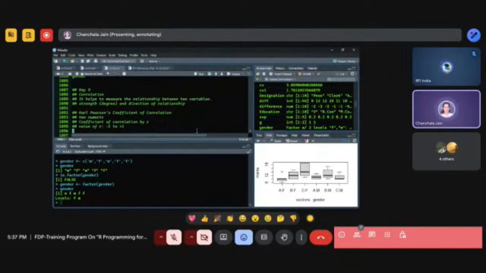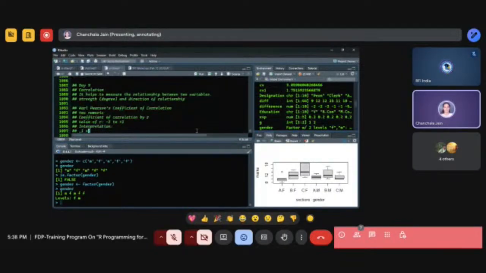If you talk about the interpretation, it depends upon the value of r. When r is -1 or +1, it is a perfect relationship between the variables.